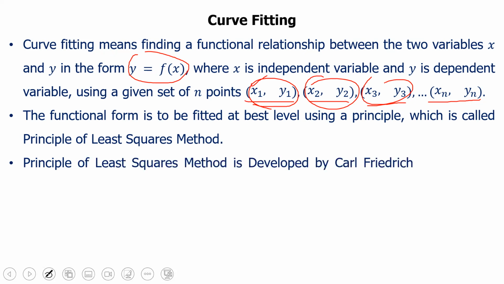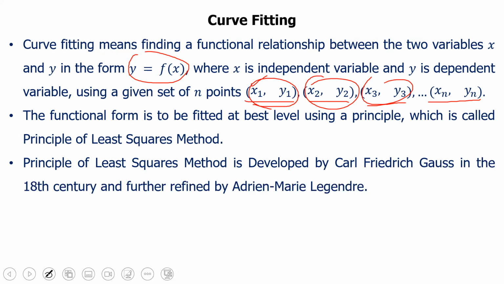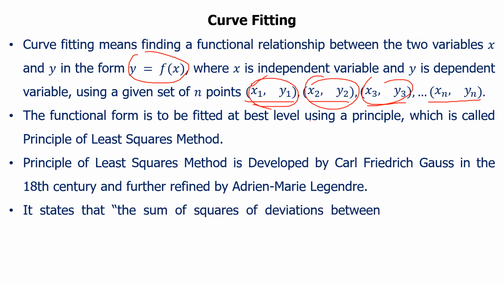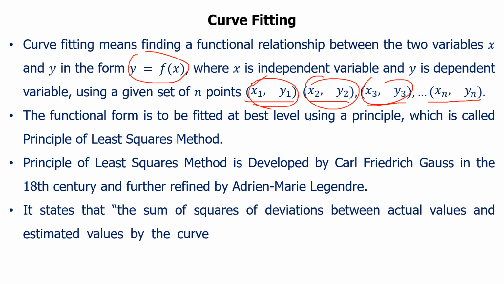The principle of least square method was developed by Carl Friedrich Gauss in the 18th century and further refined by Andrew Marie Legendre. So what is the least square method?